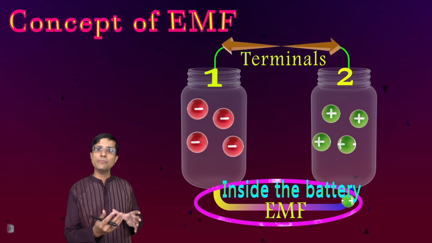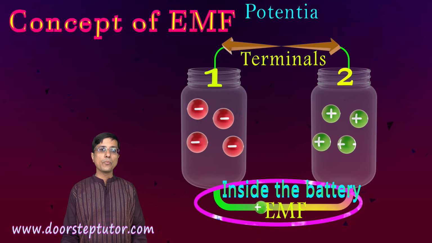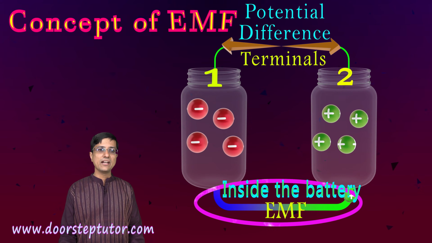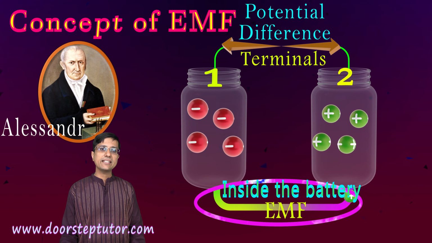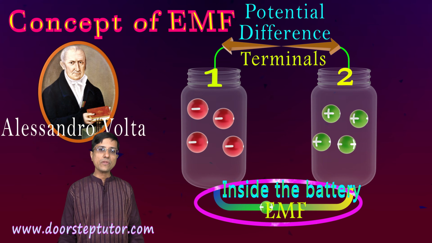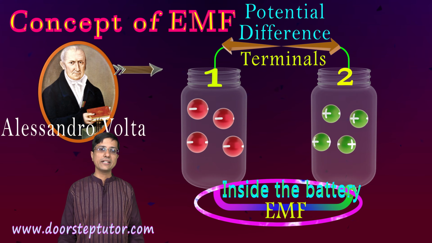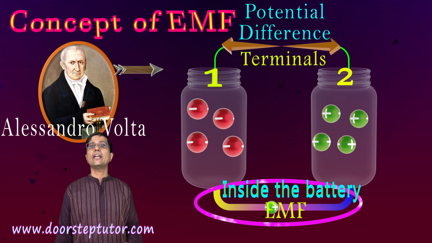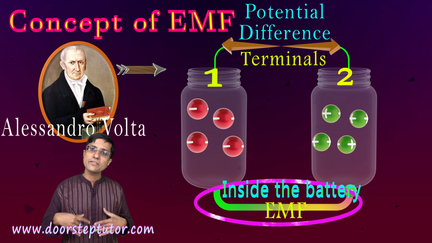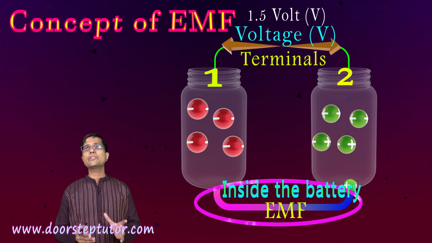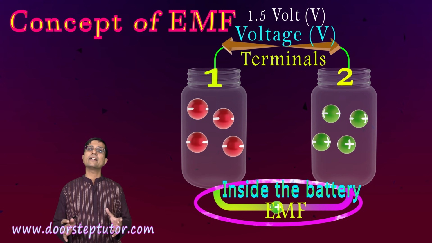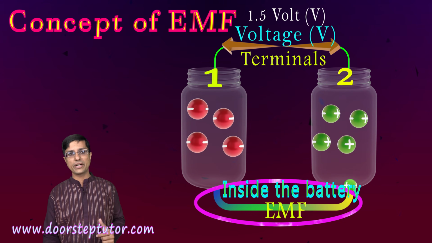The work done inside the battery is available as a potential difference on the 2 terminals, and this potential difference is what drives the electrons or the current from the positive to the negative end. So the work done inside the battery is available outside as the potential, or voltage, of the battery, and this voltage drives the electric current and allows us to do all sorts of work.